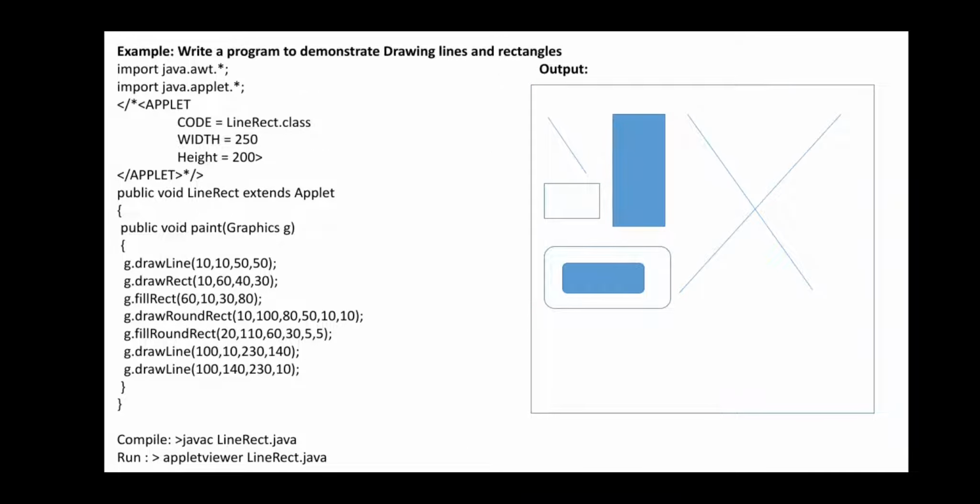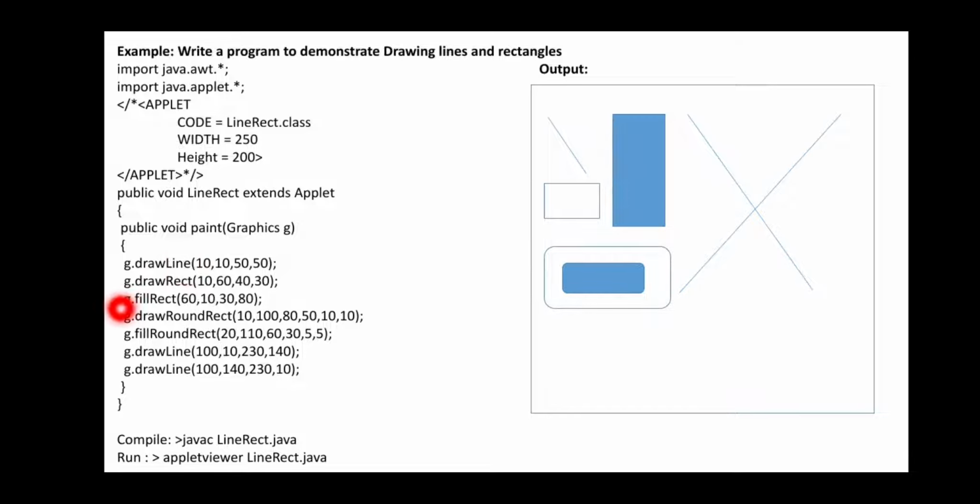So here is a simple example. This is an applet we have already seen. Public void line rect, extending the applet, draws a line. g.drawLine(10, 10, 50, 50) draws from here to the next position.